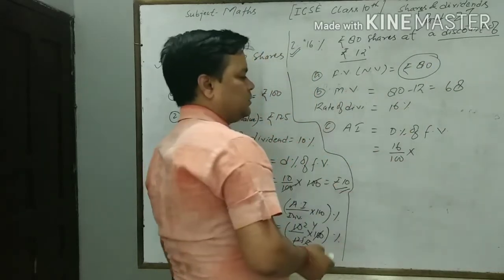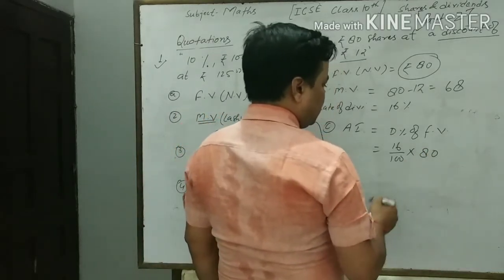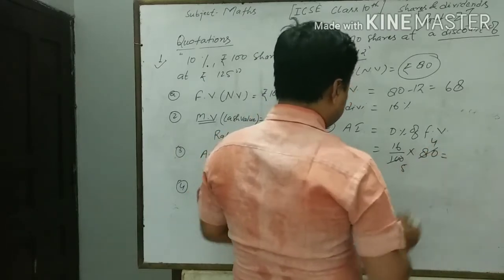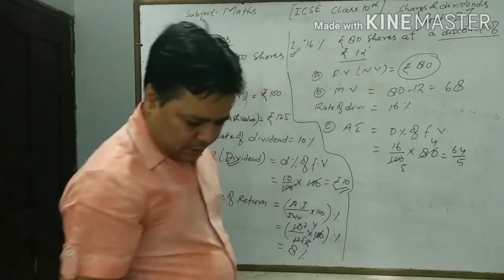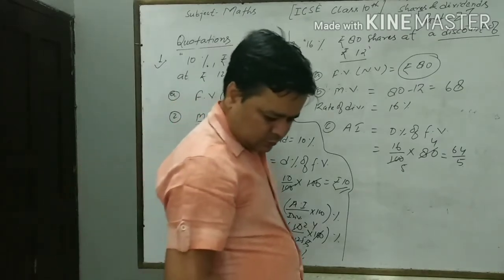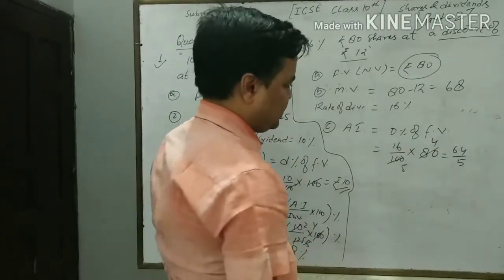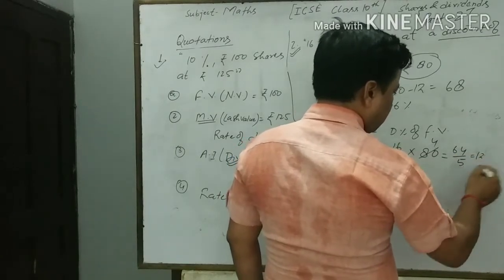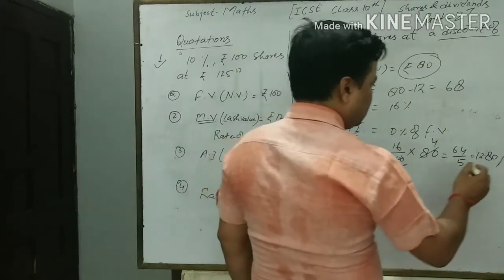Don't take the market value here. Then 20 times 4 is 80, 16 times 4 is 64, and here 5. Its value will be 16% of 80, that is 12.80. It means the annual income will be this much rupees.